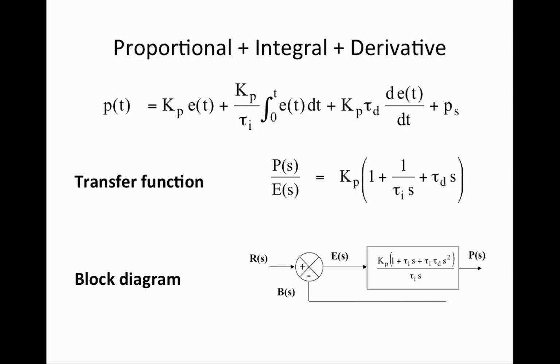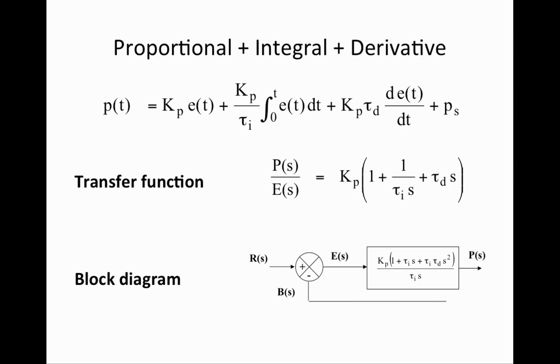Finally, we combine the three together to get the proportional plus integral plus derivative control, which is the famous PID control. The time domain function and the transfer function for PID control is by adding the three control functions together. Therefore, we get this PT form here with the three parts plus PS.